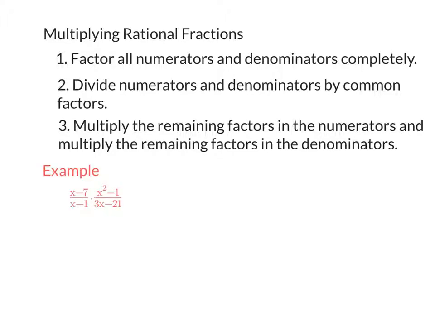I've got (x minus 7) over (x minus 1) times (x squared minus 1) over (3x minus 21). Now remember, the first step is to factor all numerators and denominators completely. Okay, now that we've factored the numerators and denominators completely, step 2 is to divide numerators and denominators by common factors.